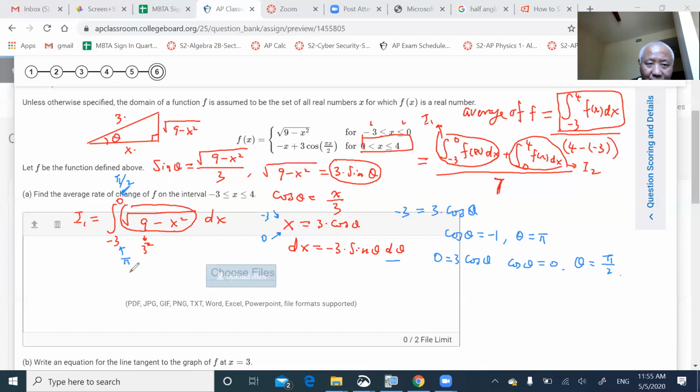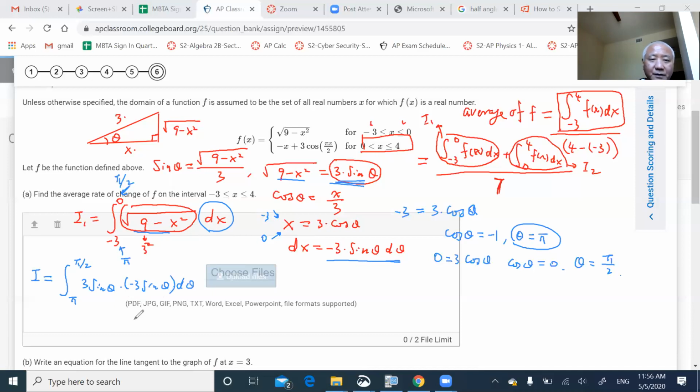Okay. So when we have this, we can do the calculation now. I1 equals the integration of -3, with theta going from pi to pi over 2, and then 3 sine theta, and the dx here, dx equals -3 sine theta d theta.